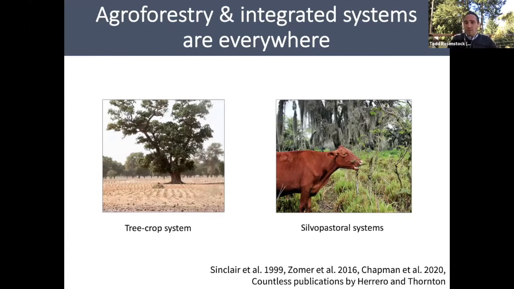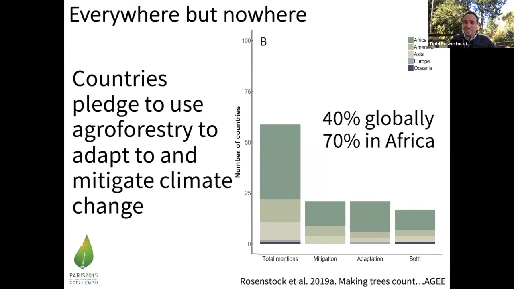But why do I think, even though they're everywhere, I would also contend that they're nowhere? So we did an analysis of the nationally determined contributions, the blueprints that countries put in to the UNFCCC for their climate action. We looked at whether they named agroforestry in these NDCs, either for mitigation or adaptation.